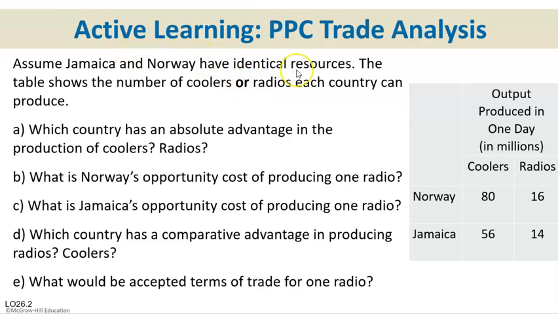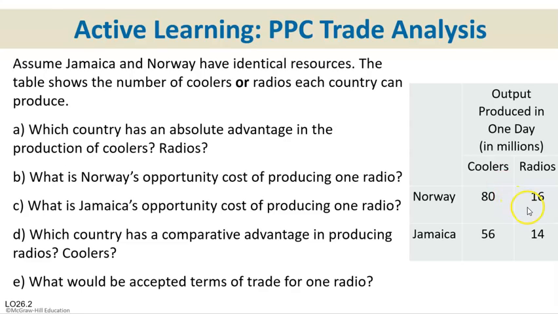So Jamaica and Norway have identical resources, so it's going to be very easy to find your absolute advantage. The table shows you the number of coolers or radios each country can produce. So if Norway produced only coolers, they could make 80 coolers and 0 radios.